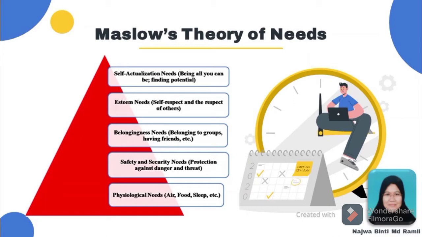Maslow used the terms physiological, safety and security, belongingness, esteem needs, and self-actualization needs to describe the pattern through which human motivations generally move.